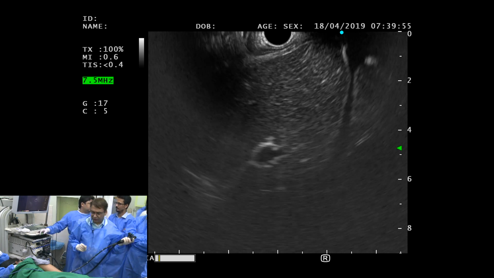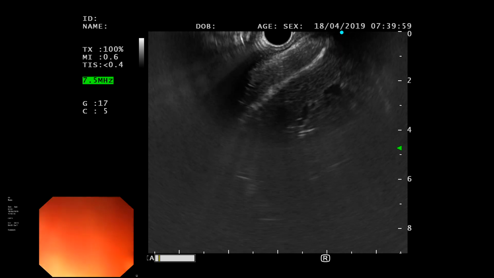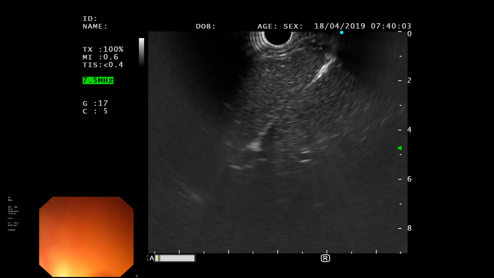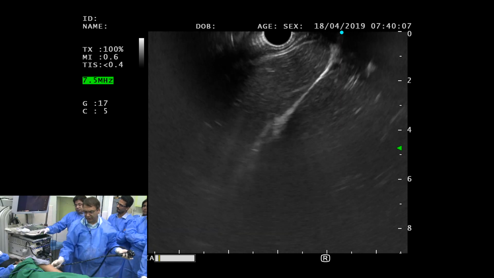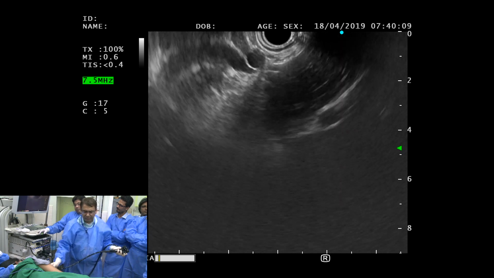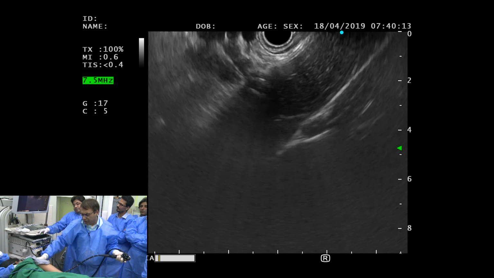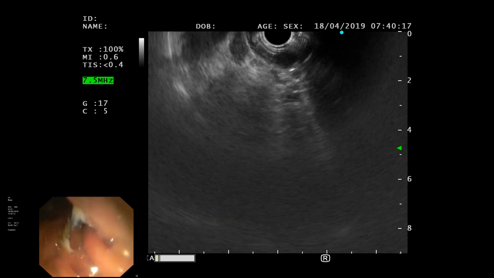If I'm staying really close, my scope doesn't move very well. If I do anything here, that movement is not going to get completely transmitted towards the end of the scope, at the transducer. So I try to keep my scope as straight as possible without any bend in it. That gives me good control of the scope.